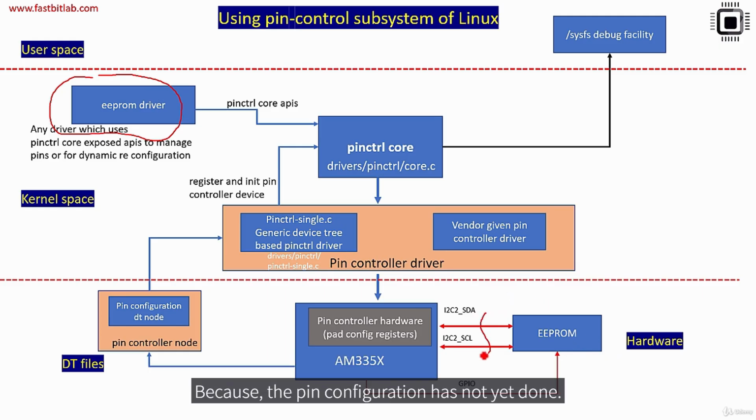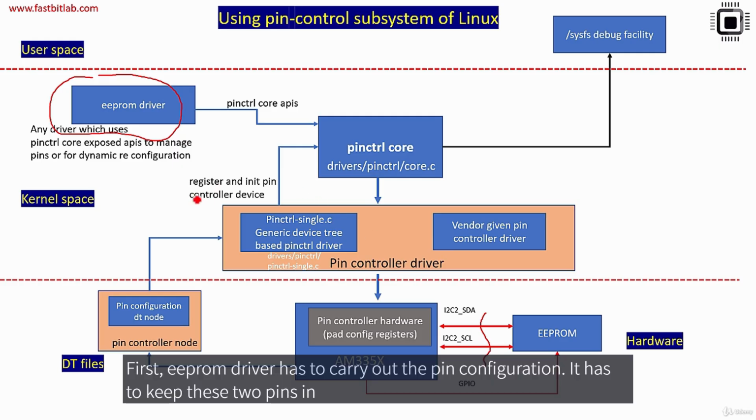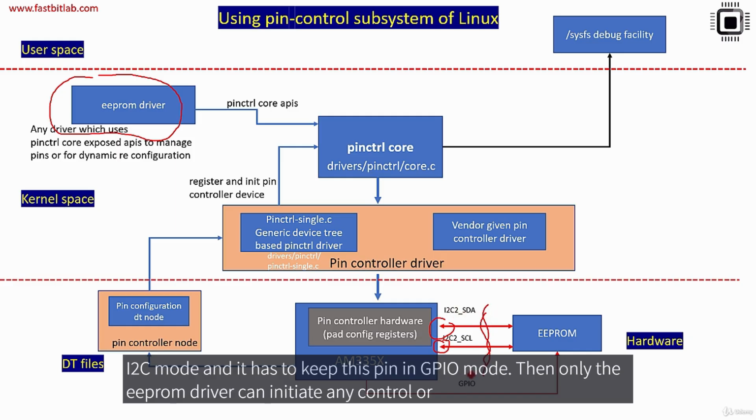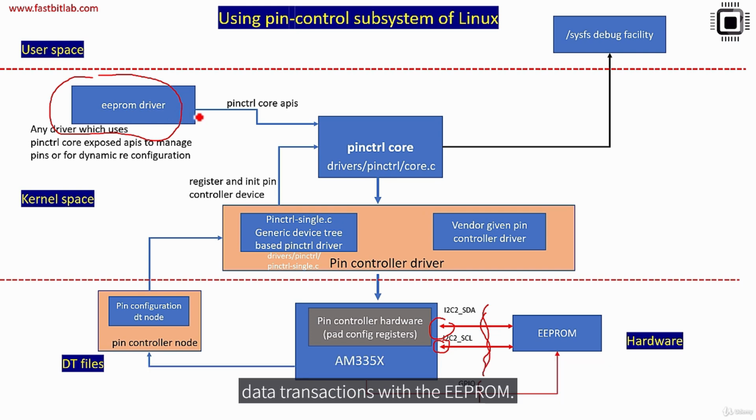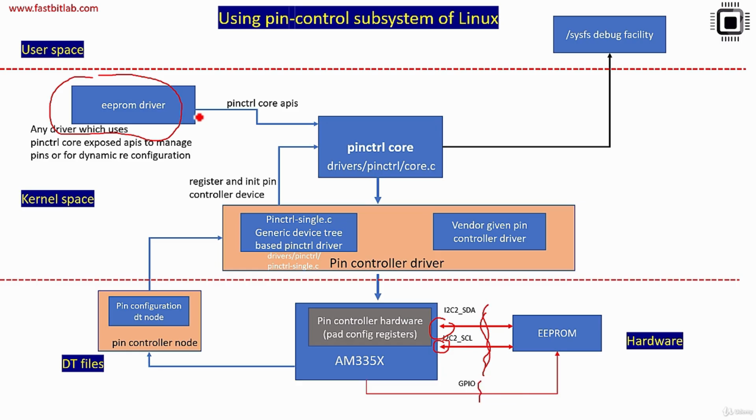Why? Because the pin configuration has not yet been done. First, the EEPROM driver has to carry out the pin configuration. It has to keep these 2 pins in I2C mode, and it has to keep this pin in GPIO mode. Only then can the driver initiate any control or data transactions with the EEPROM.